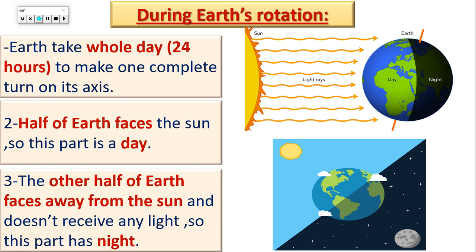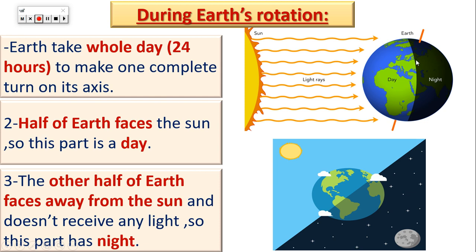So the cycle or the sequence or the pattern of day and night happens because the Earth rotates around its axis. If that were not happening, half of the Earth would have day all the time and the other half would have night. But actually, the Earth rotates around its axis, so we get a cycle of day and night.